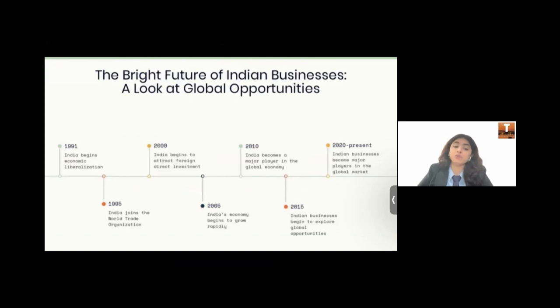So, a brighter future for Indian businesses. The period from 1991 to present 2023 has witnessed significant transformations in the Indian business landscape, leading to a promising future for Indian businesses in the global arena, in which we can see how economic liberalization took place, and information technology and services had their major role involved. Manufacturing and export growth is one of the major keys here.